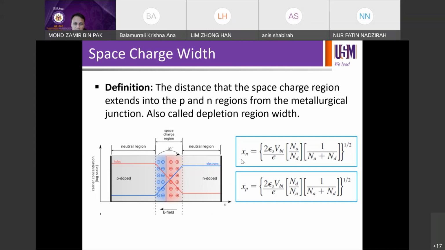So essentially, if you combine xn and xp, xn plus xp, you are going to get the whole width of your depletion region or space charge region here in the middle. So this region here, the whole width is given by xn plus xp, right? And each, you can see the equation here is given by this equation, okay, times the VBI over Q, then doping level, right?